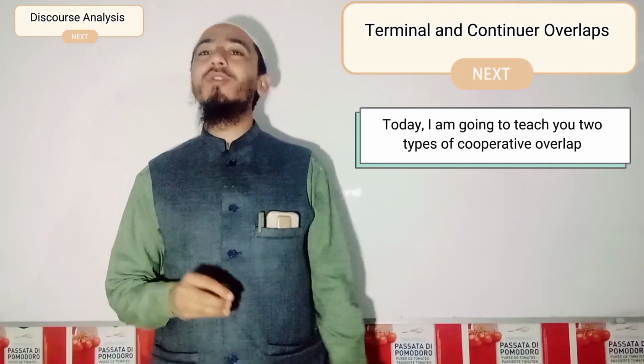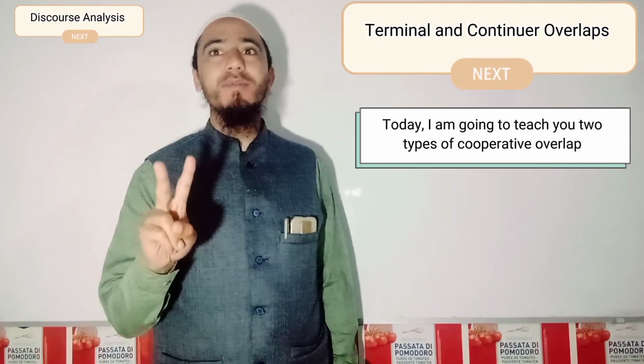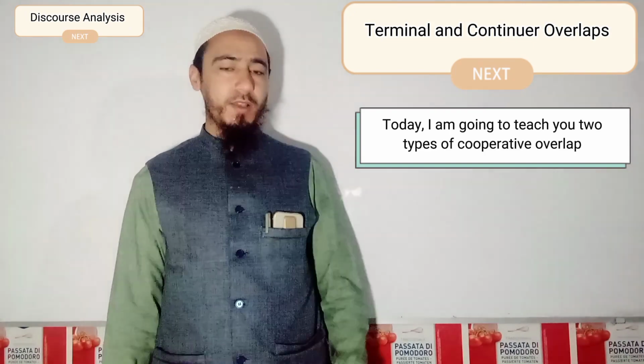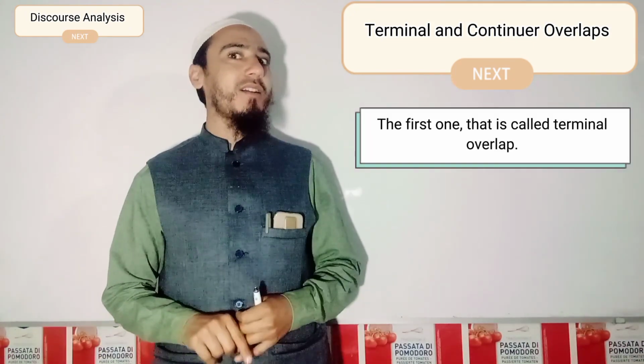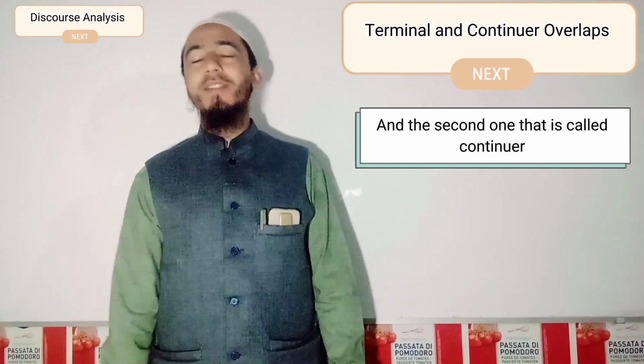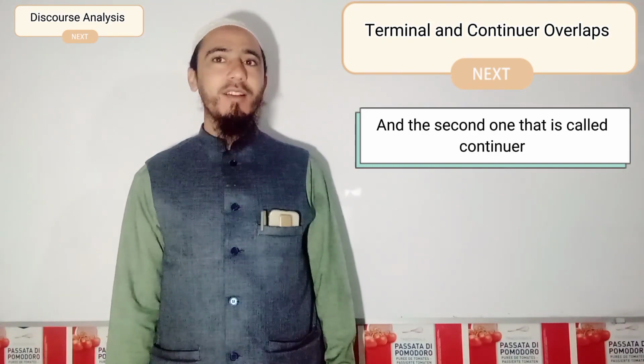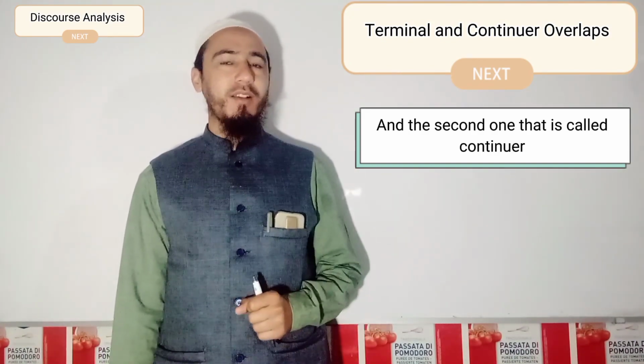Today, I'm going to teach you the two types of cooperative overlap. The first one is called terminal overlap, and the second one is called continuer.